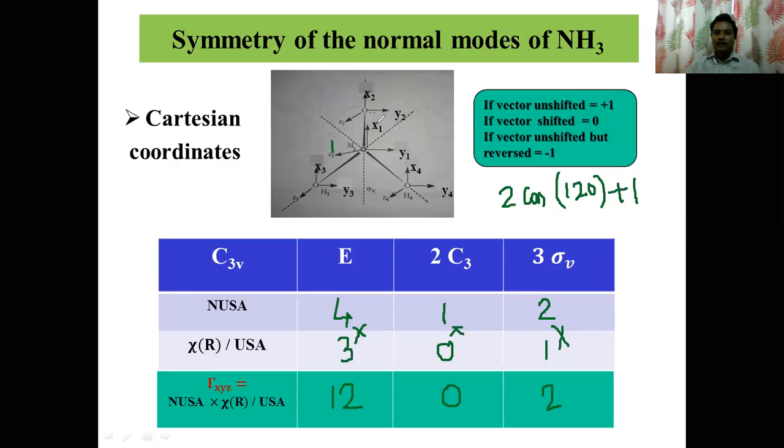Now this and this, you have to think about, not unlike the water molecule, they are having 120 degrees. So this you have to think about in terms of cos theta, right? So here we have to think about cos 120 for each of the vectors. So that is minus half.